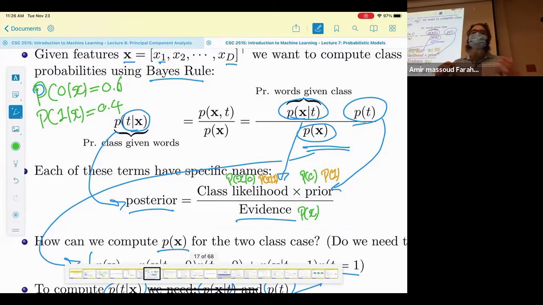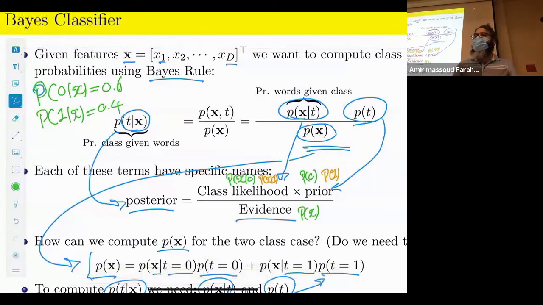The other time you multiply the orange thing and divide by P of X, which doesn't matter. It's not a function of T. So do you see why we don't actually need to compute P of X? We don't need to compute P of X because in either case it is the same. If you want to find which one is larger, you just compute the ratio of those, and P of X is irrelevant.